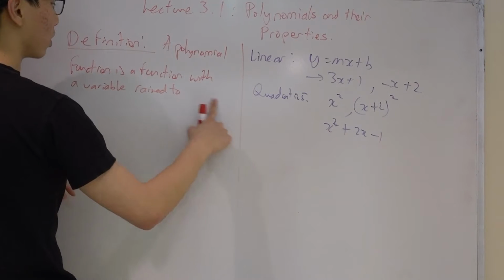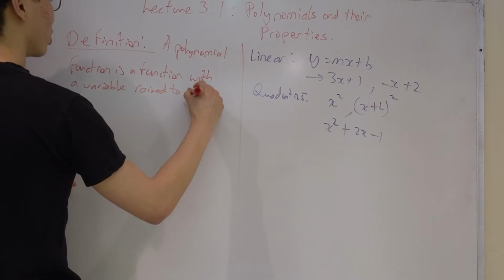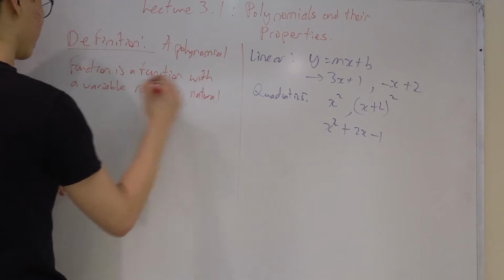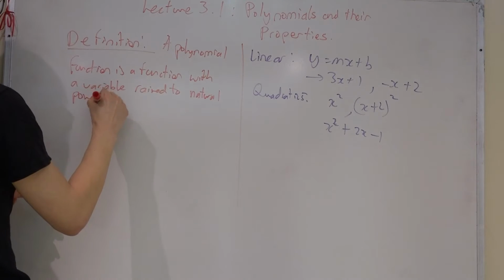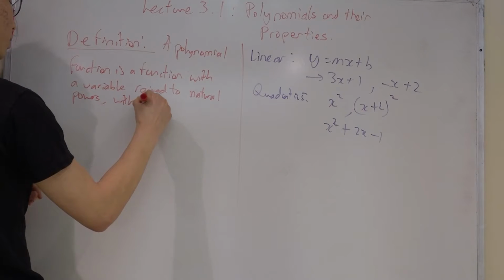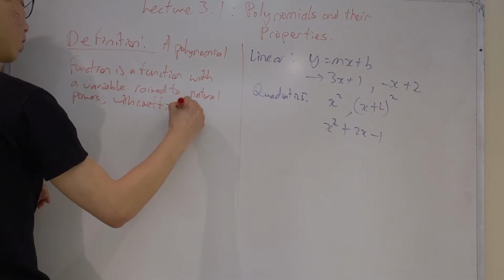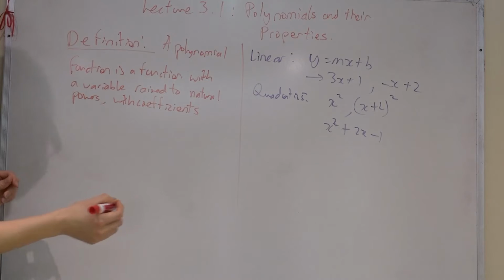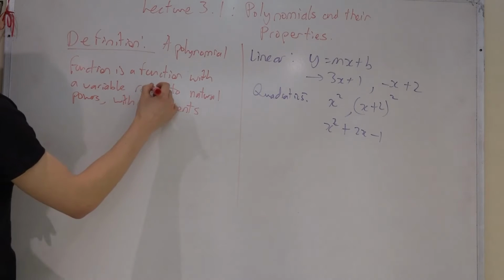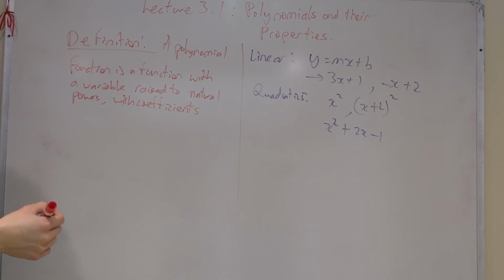Positive integer powers. So we're going to say natural powers. And coefficients. Okay. So there are two things that we need to dissect in this definition. Actually, let me present to you the alternative definition first.